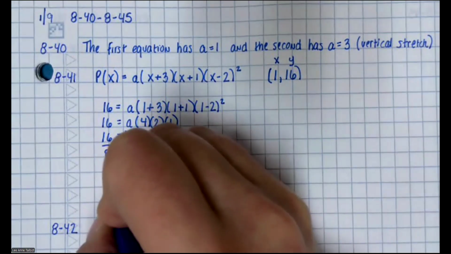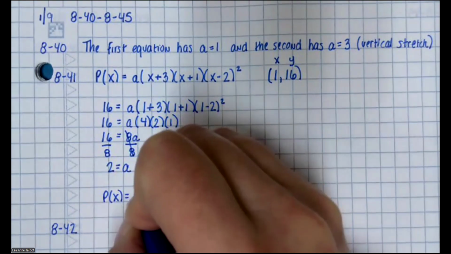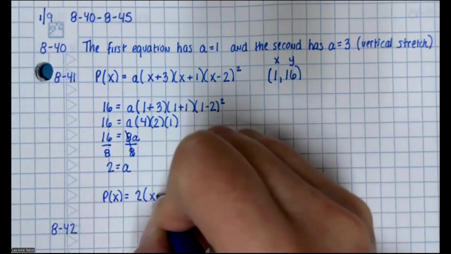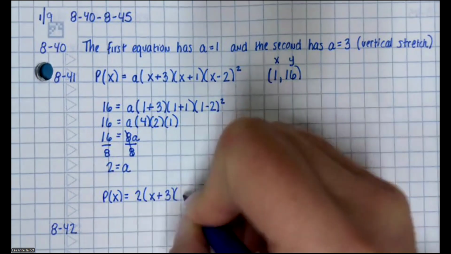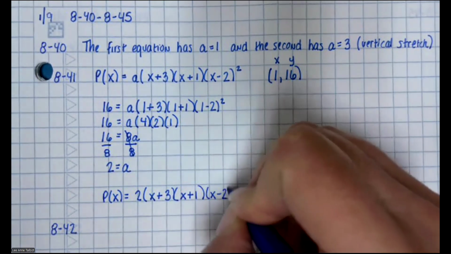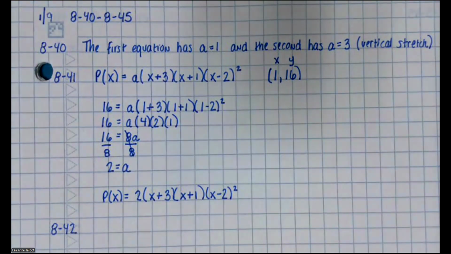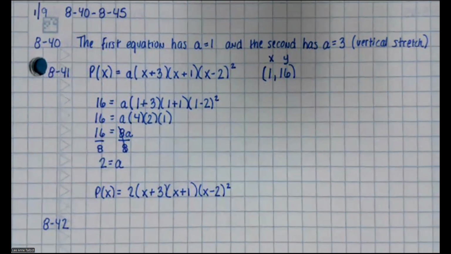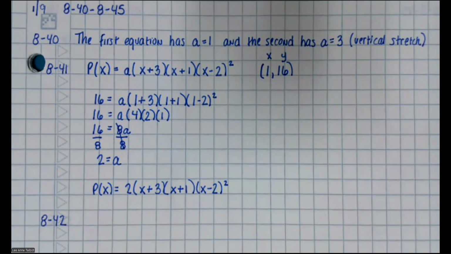P of X equals 2 times (x plus 3)(x plus 1)(x minus 2) squared. Do you guys remember doing this in chapter 2 and the test from chapter 3?